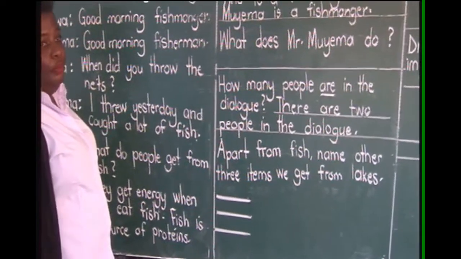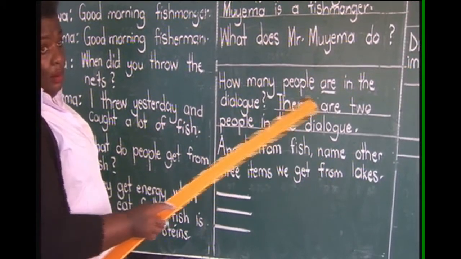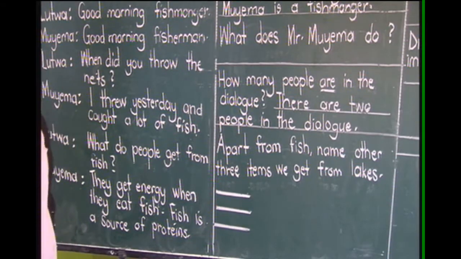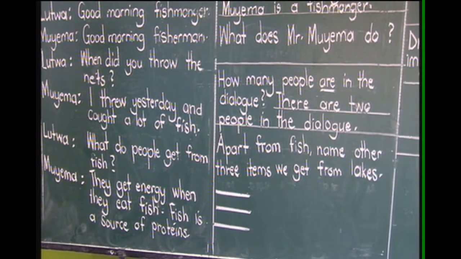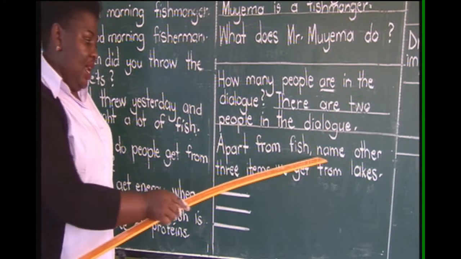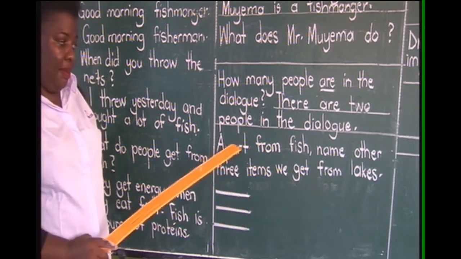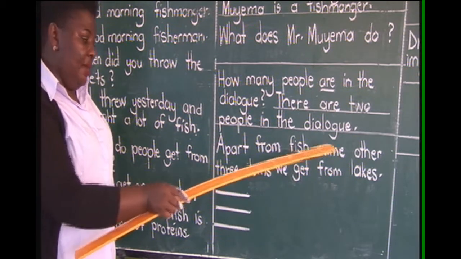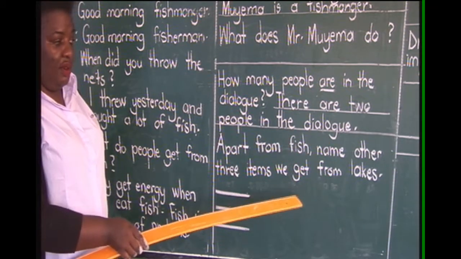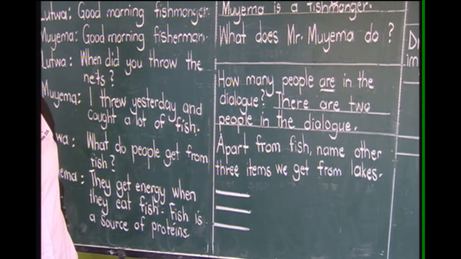So the next question says, apart from fish, name other 3 items we get from lakes. When you see the word name, or give, list, mention, write, just know you're not going to use a full sentence. So you will have to name them.